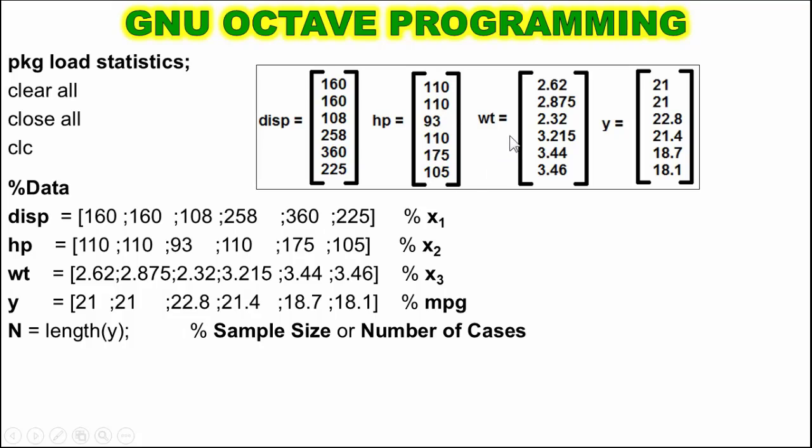The variable weight is a 6 by 1 matrix that contains the weight in tons of the 6 cars. Whereas the variable Y is a 6 by 1 matrix that contains the actual miles per gallon of the 6 cars. The variable N contains the length of Y, which is 6, the sample size or number of cases.